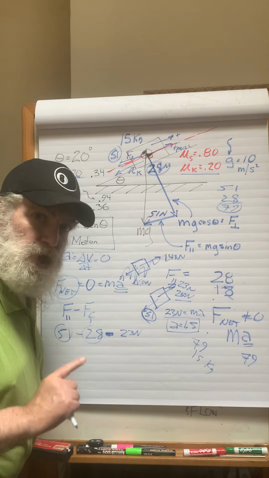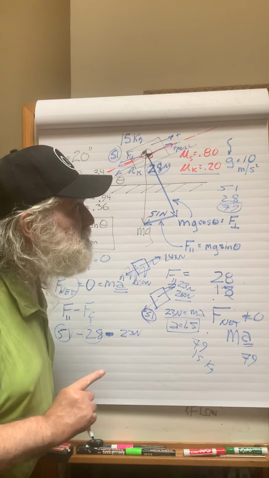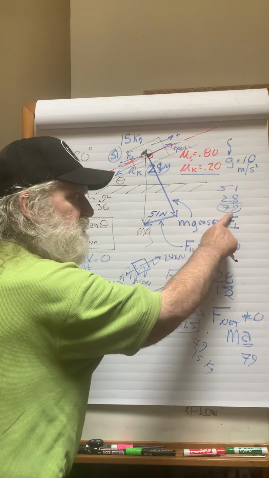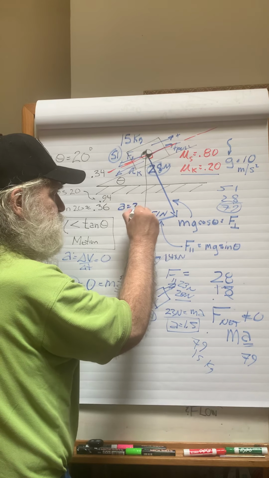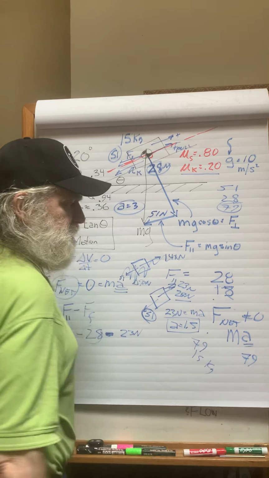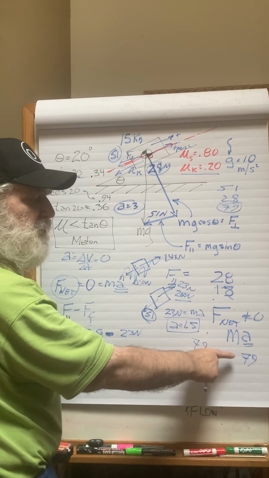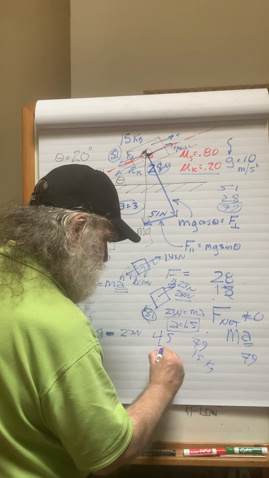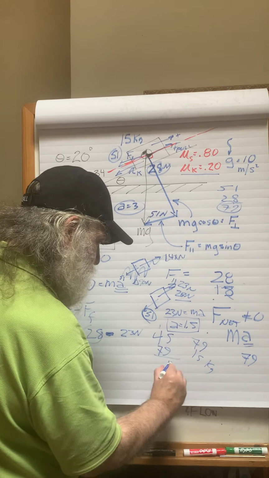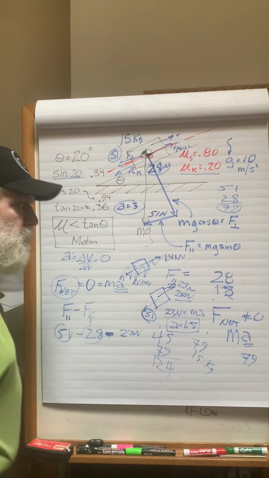Because just to hold the box at constant speed takes 79 newtons, every extra newton above that goes into MA. So if you tell me what you want for A, I'll tell you what to pull with. Suppose you want an A of 3. Well, that means 3 times 15 is 45. We need 45 newtons in addition to 79, so you'd better pull with 124 newtons.